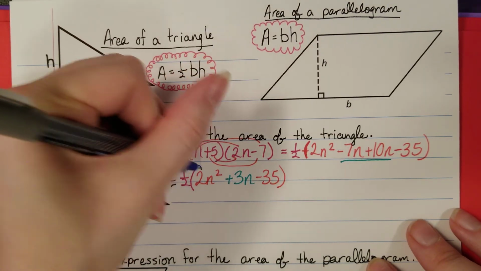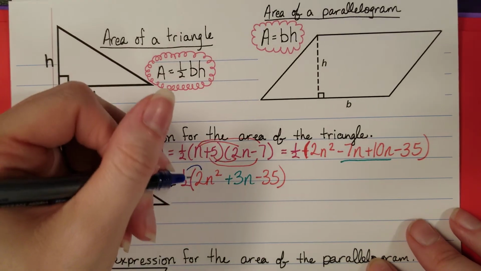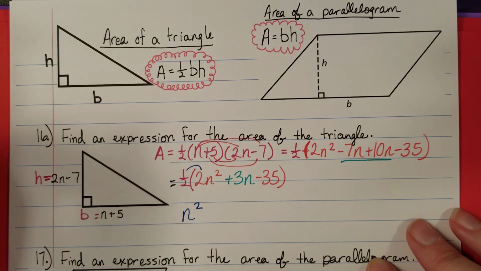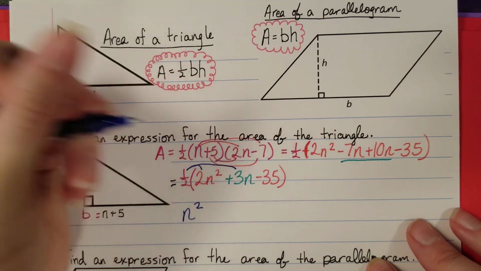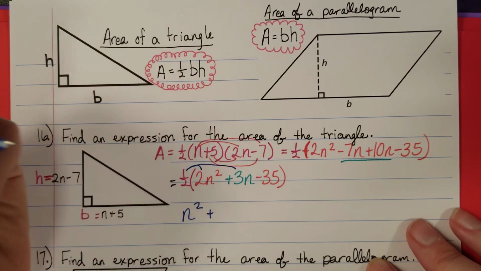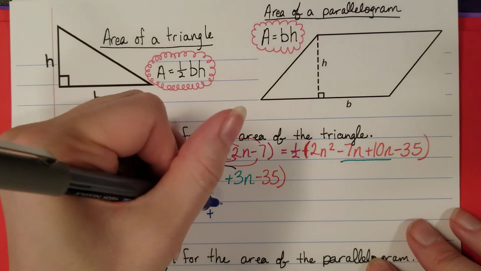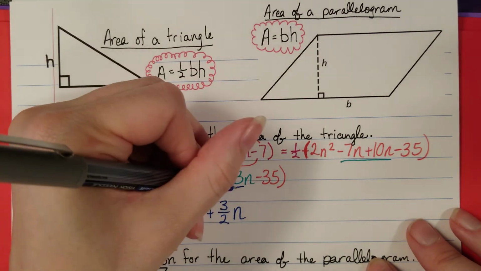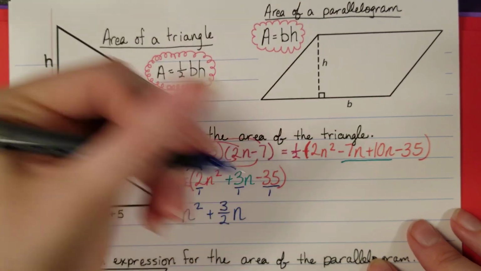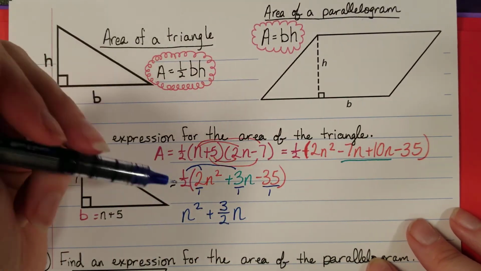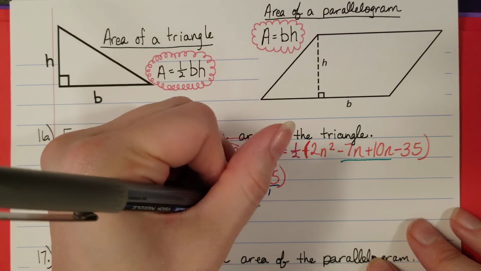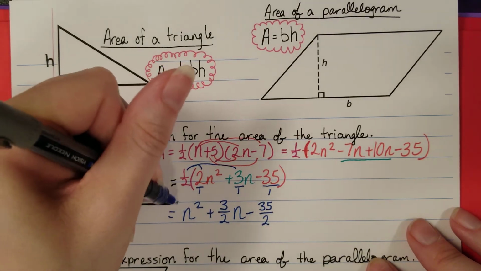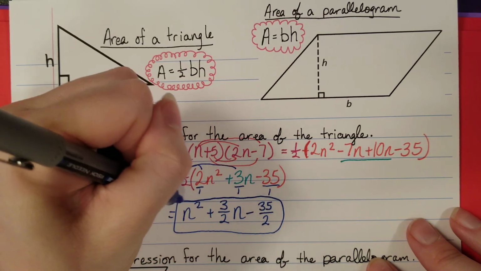So 1/2 times 2 is just 1. Okay, so 1n squared, or in other words, just n squared. And then 1/2 times 3 is just going to be 3/2 n. You can put that over a 1 if that helps you. And then 1/2 times 35 is just going to be 35 over 2. So minus 35 over 2. All right, so that's our final answer for that.